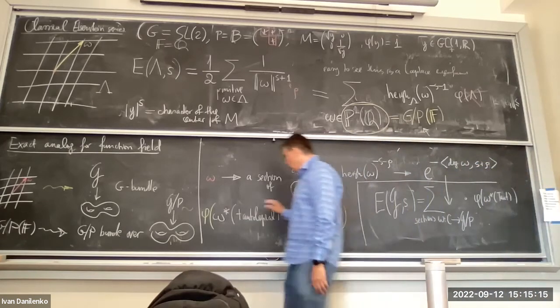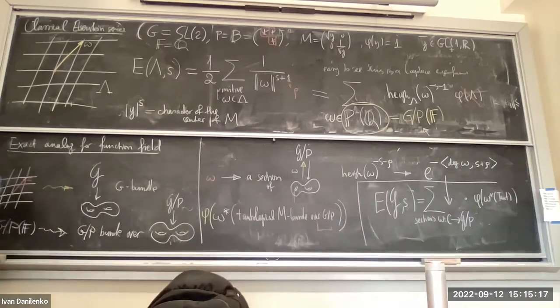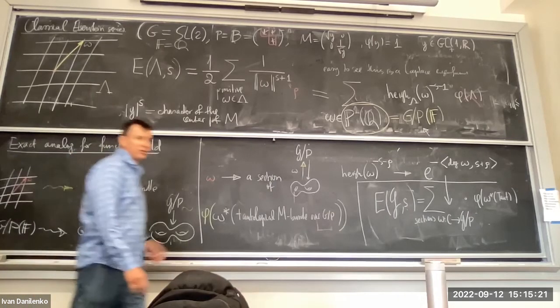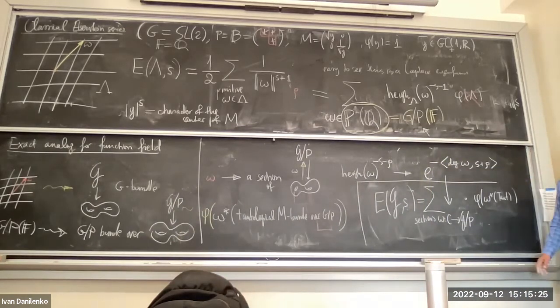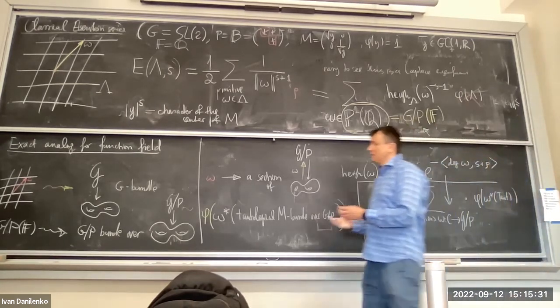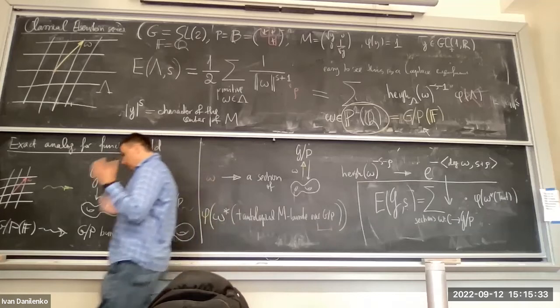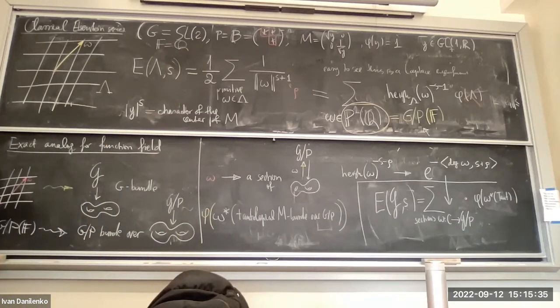So that's a bit after an hour and 10 minutes, and we got to the point of the actual definition of Eisenstein series. Eisenstein series is a function on a group that you get as follows.